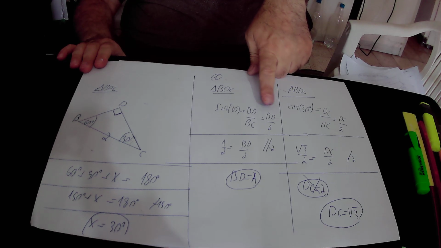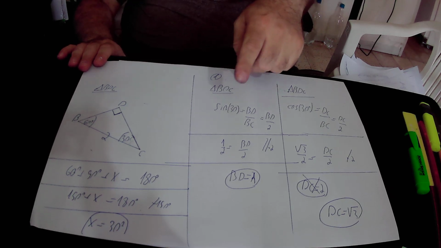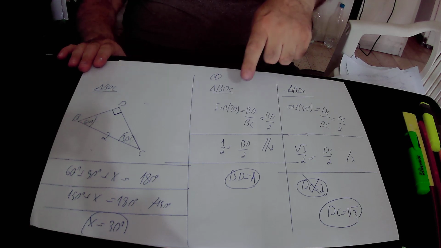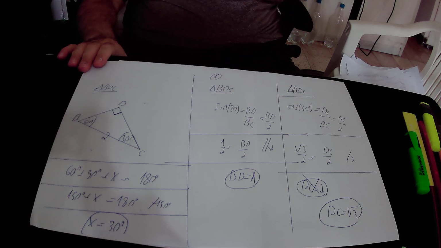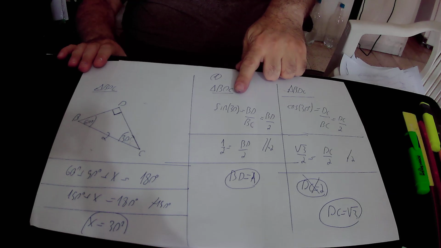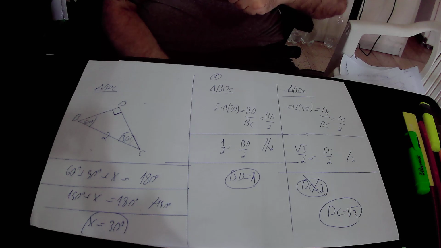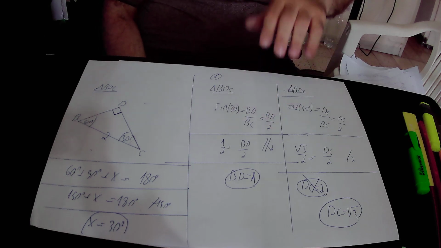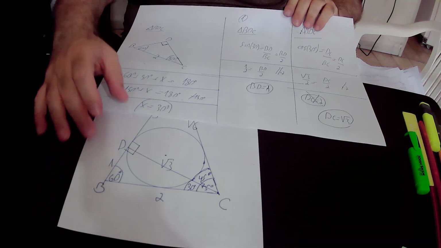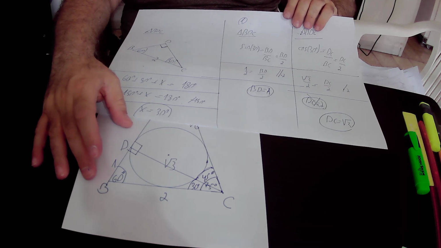But BC is 2, so we substitute BC by 2 and find that sine 30 degrees equals BD over 2. Sine 30 degrees is 1/2, so 1/2 equals BD over 2. We multiply this equation by 2 and find that BD equals 1. Here, this line segment BD equals 1 unit.